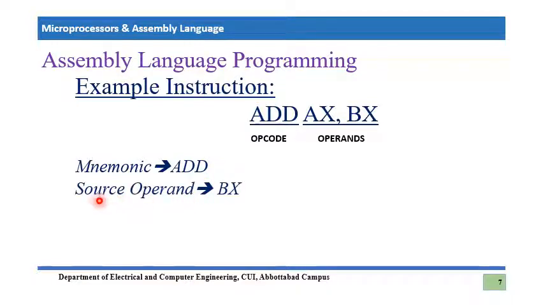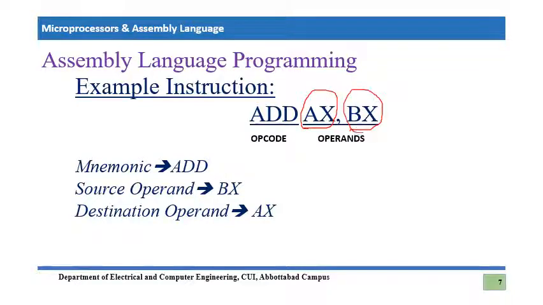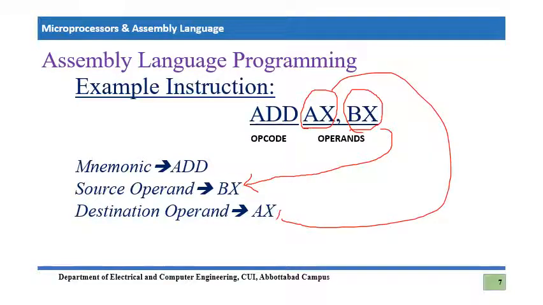Then the next thing we understand is the source operand, and that is interesting. Let me write one more thing: the destination operand. Just beside the opcode is your destination, and after the destination we write the source. So here the source operand is BX, and AX is our destination. What does it tell you?